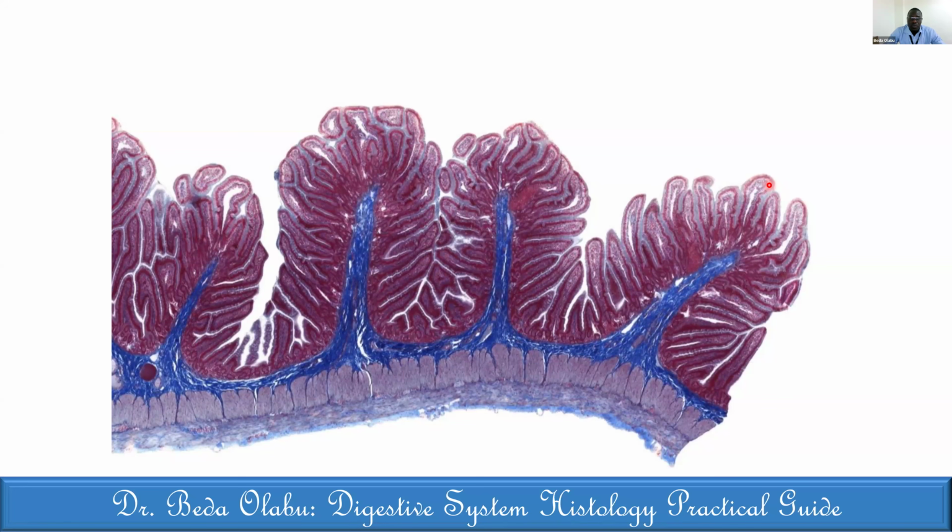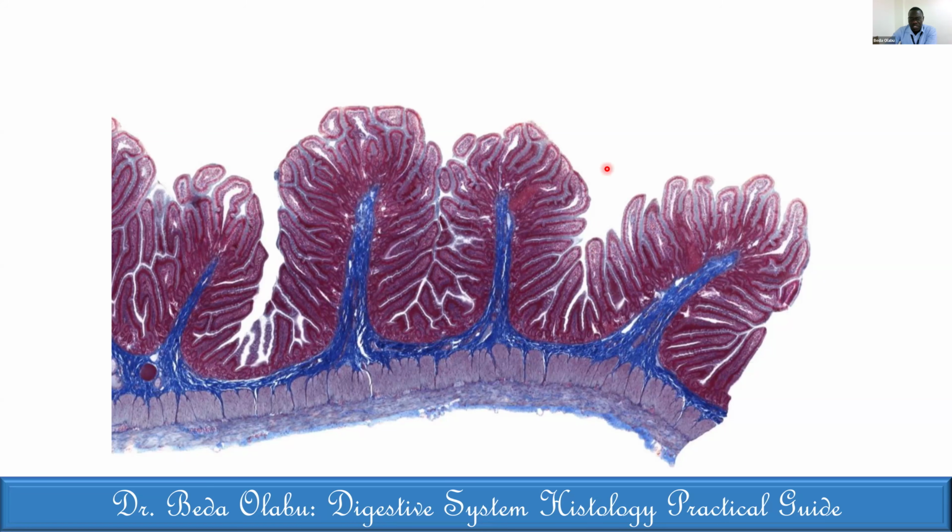So let me give you a background. This is a longitudinal section of the small bowel. Why do I say so? Because I can see villi. Again, these are villi, several of them. But it's a longitudinal section, that's what I want you to remember.